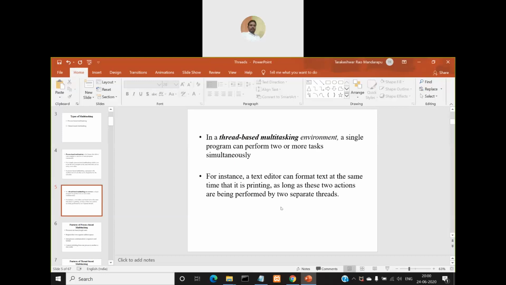Got it? So in thread-based multitasking, the resources switch between the threads of a single process instead of switching between multiple processes. I hope you understood this difference between thread-based and process-based multitasking.